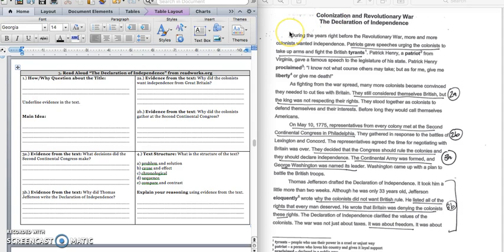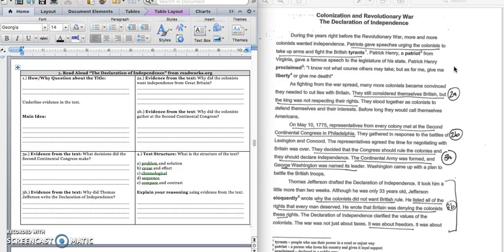During the years before the Revolutionary War, more and more colonists wanted independence. Patriots gave speeches urging the colonists to take up arms and fight the British tyrants. Patrick Henry, a patriot from Virginia, gave a famous speech to the legislature of his state.